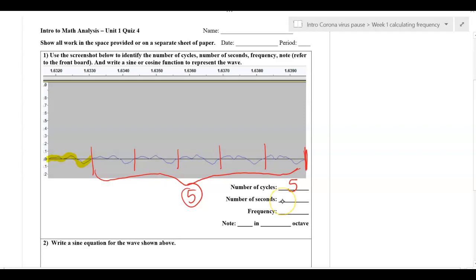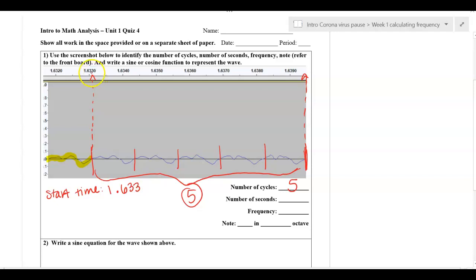And then the number of seconds, we need a start time and an end time. So what we want to do is look at the times that we think these are. So my start time looks like 1.633.